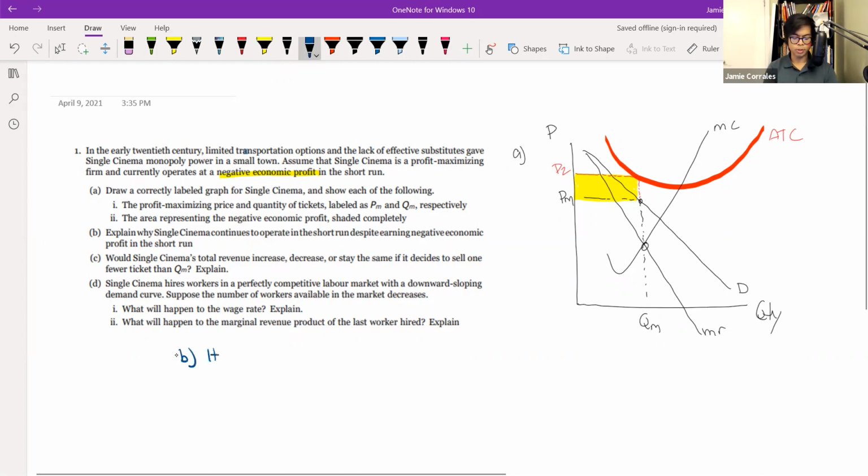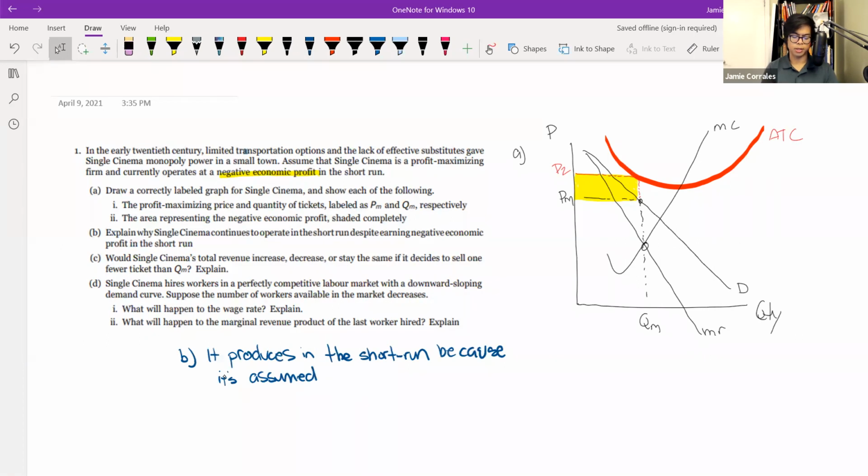Explain. It produces in the short run because, assumed, I don't know if I should write it like that, but it's assumed because price is greater or equal to the minimum average variable cost.